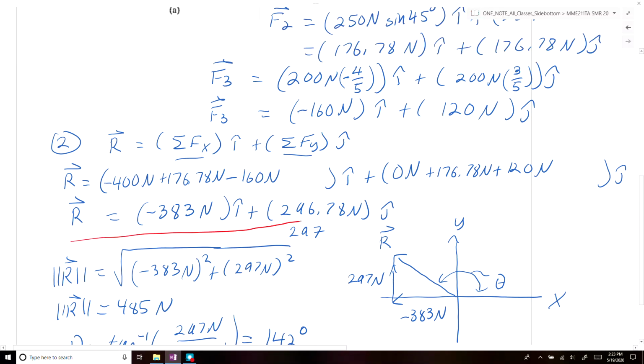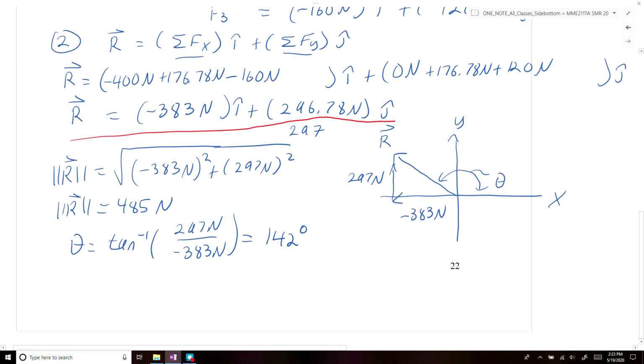And the last step was to take that Cartesian vector and use the Pythagorean theorem to calculate the total magnitude, and use the inverse tangent function to determine the angle with the x-axis.